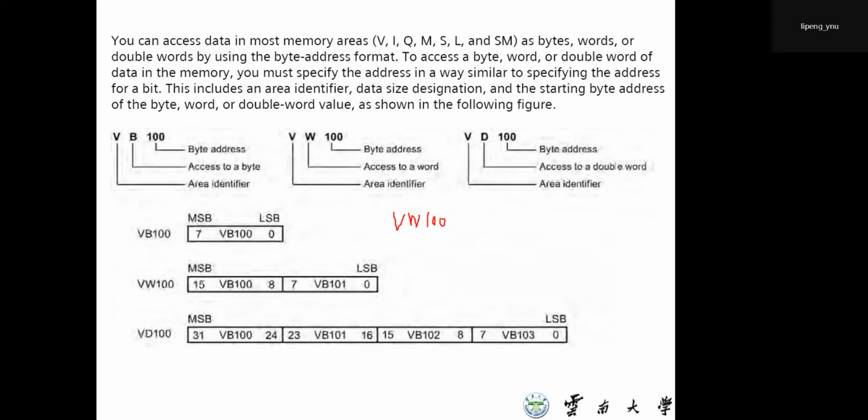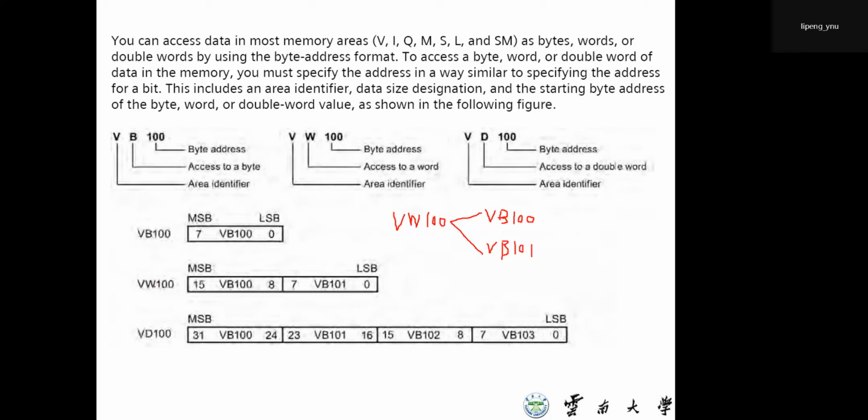So we can see VW100, including what? Including VB100 and VB101.